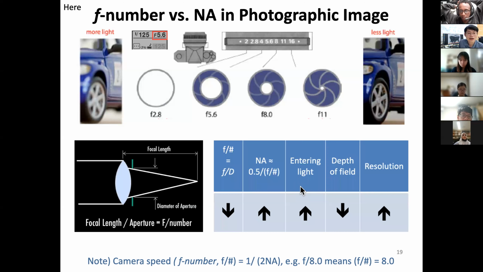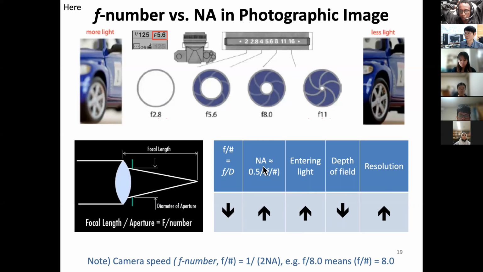With that, we want to understand what it means to have a smaller F number, defined by focal length divided by the diameter. When it goes down, for example an F of 2.8 or smaller, the numerical aperture is getting higher.